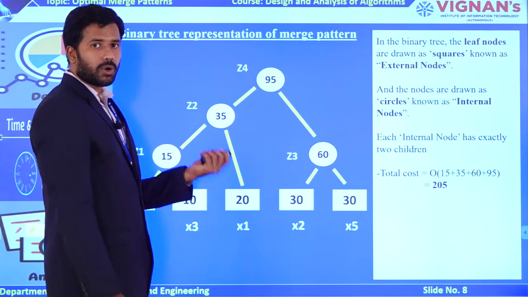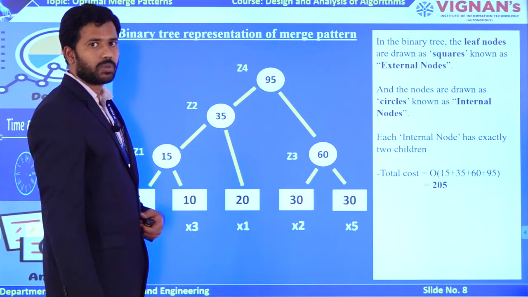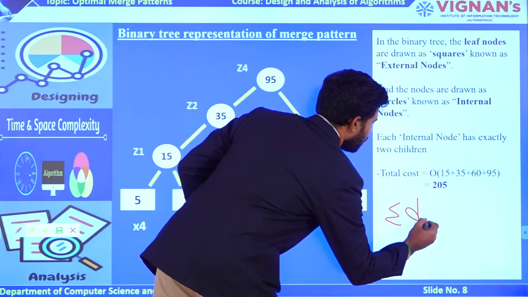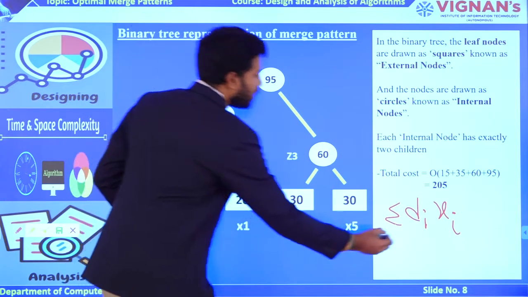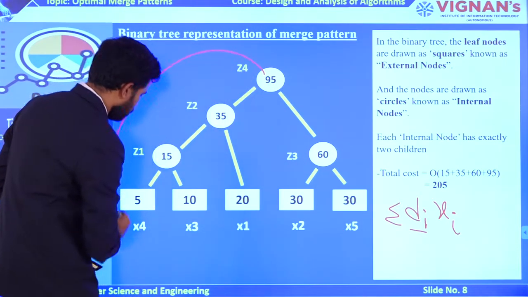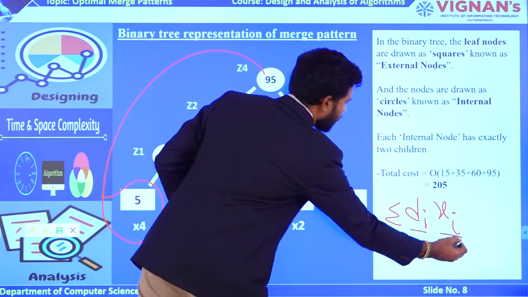Okay. Now, another approach is also there to find out the time complexity. Now let us observe how it is going to be possible. That can be done with a formula, sigma of di into xi. What is meant by this di? It defines the distance from the root node to the leaf node. What is meant by this xi?